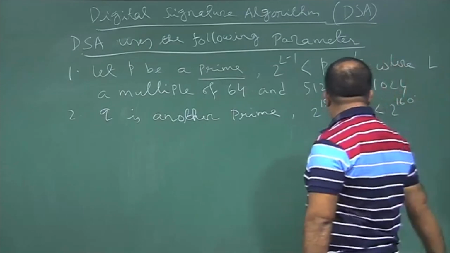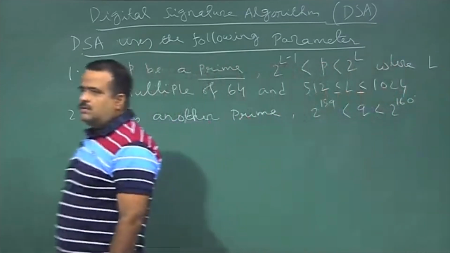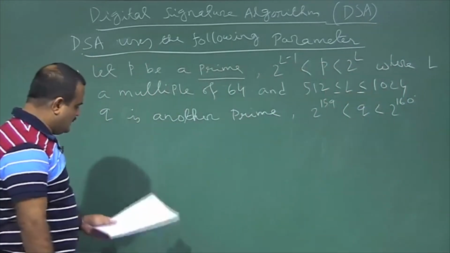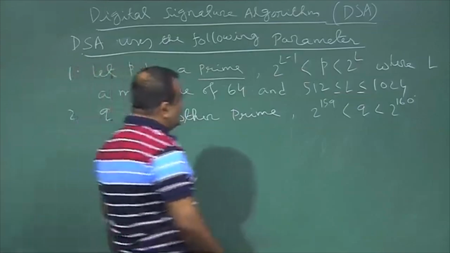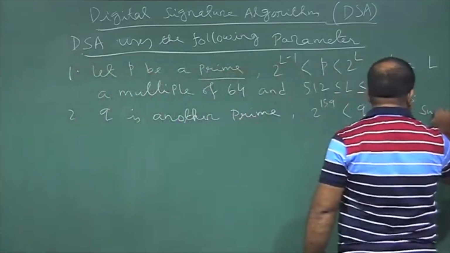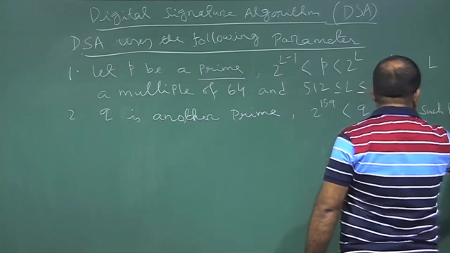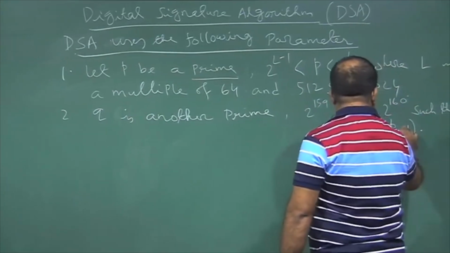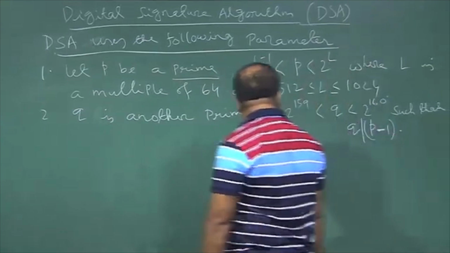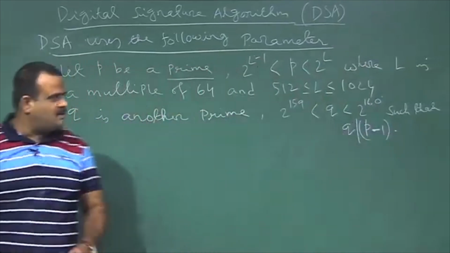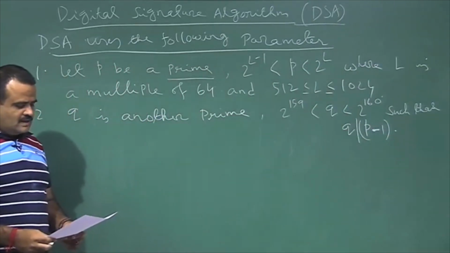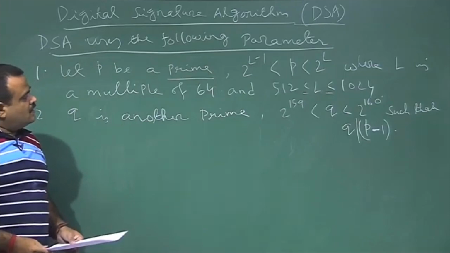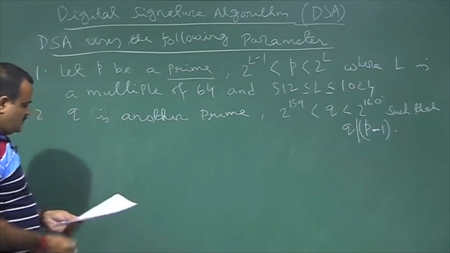So q is a 160-bit prime, and such that q should divide p minus 1. q must divide p minus 1. So we choose another prime such that this q divides p minus 1.